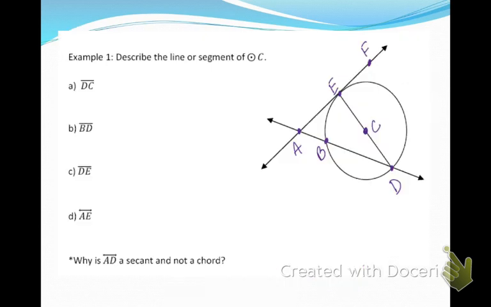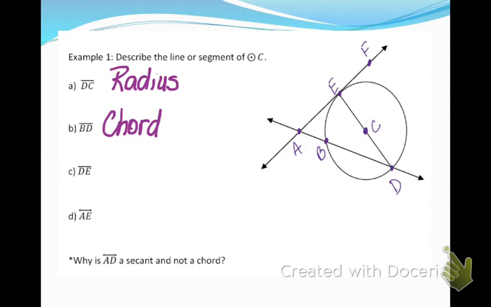All right, so let's use some of these. I have a diagram here with a circle and some lines, and I want you to describe each of these line segments. If I look at line segment DC, right from here to here, that is called a radius. If I look at segment BD right here, you can see that that is called a chord.